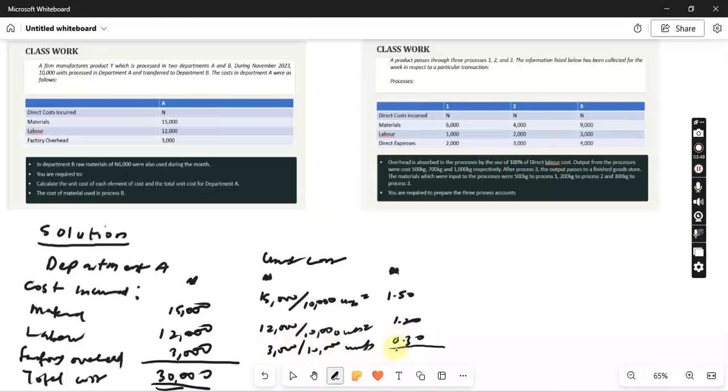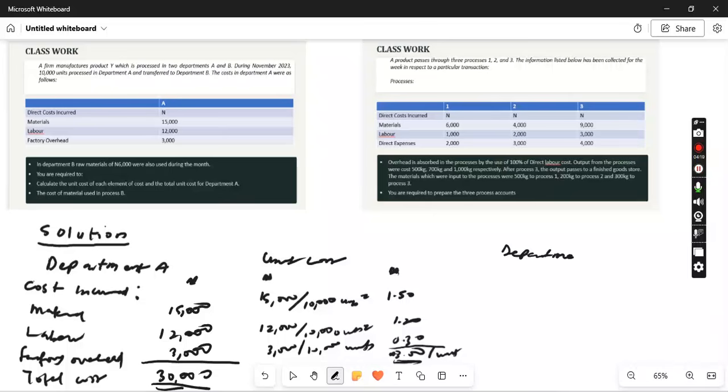So at the end of the day, we have a unit cost of 3 naira per unit. So this is the unit cost. We have the unit cost for department A as 3 naira per unit based on what? On 10,000 units.